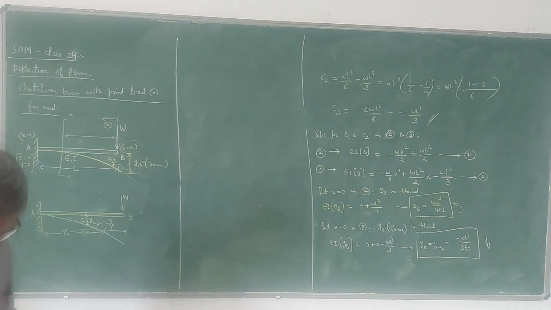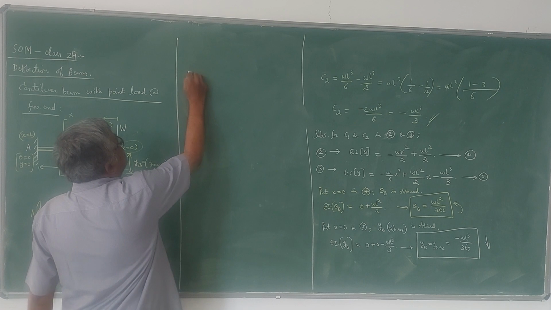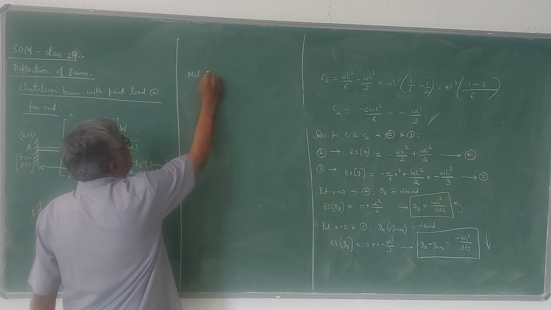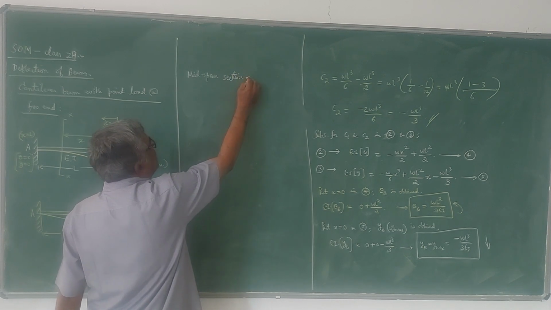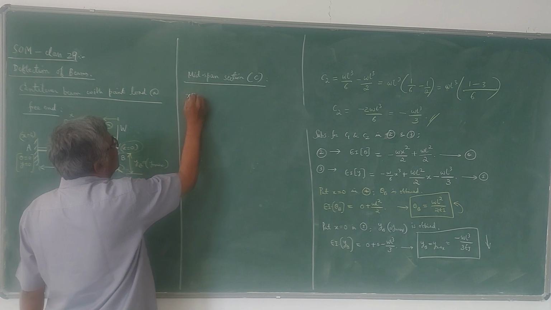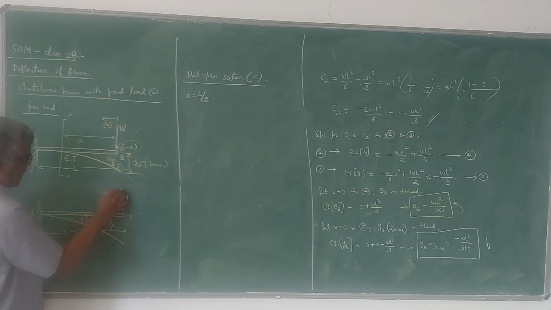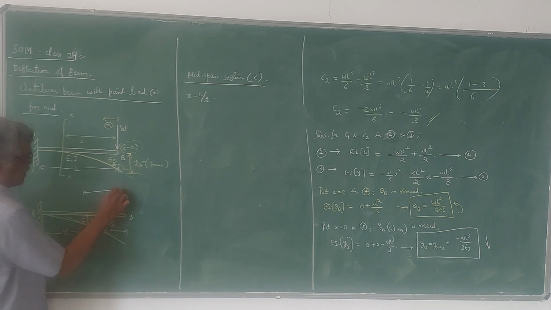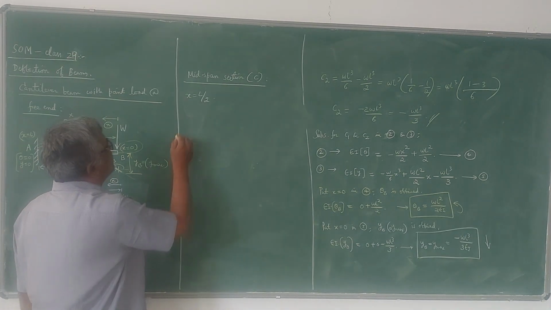Since x is measured from the free end, at section C, x is equal to L by 2.